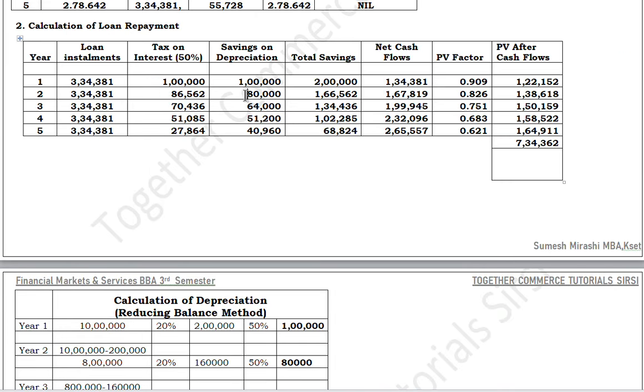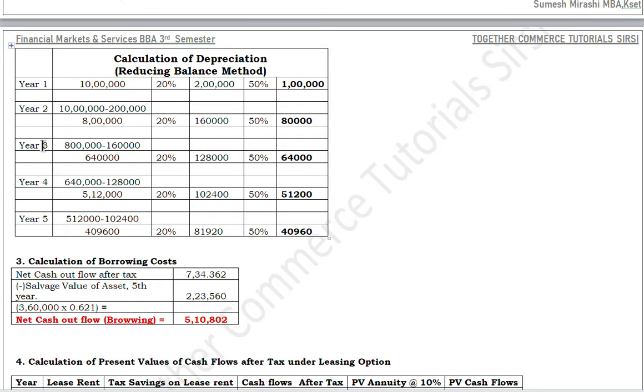That is what you will see in this table, 80,000. Then for the third year, the value of the asset for calculation of depreciation is this 8 lakh. Then from this you should subtract the previous year's depreciation. Then the answer will be 6 lakh 40. On this 6 lakh 40, you should apply 20% depreciation.